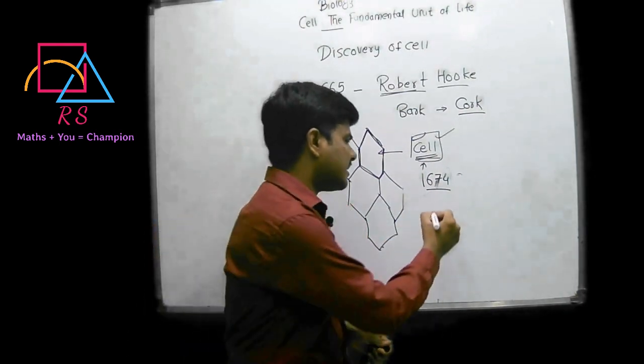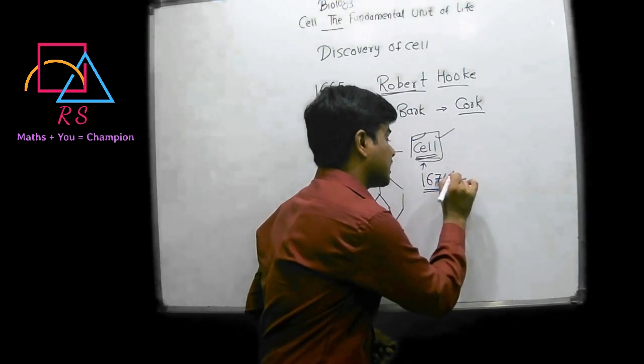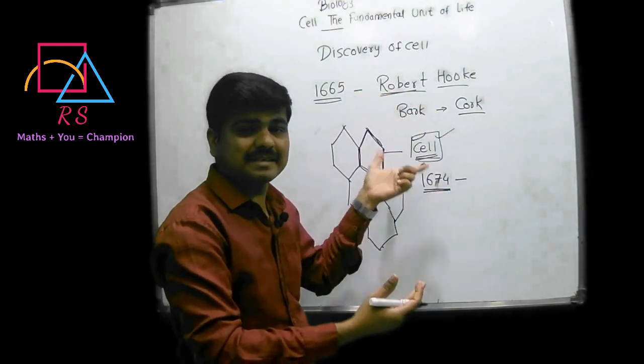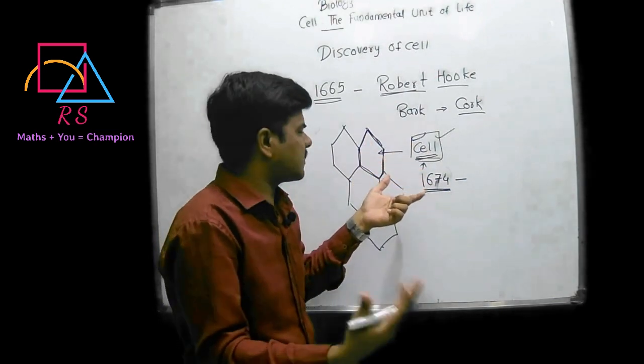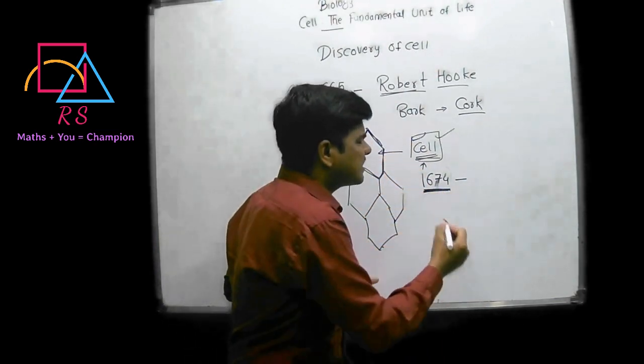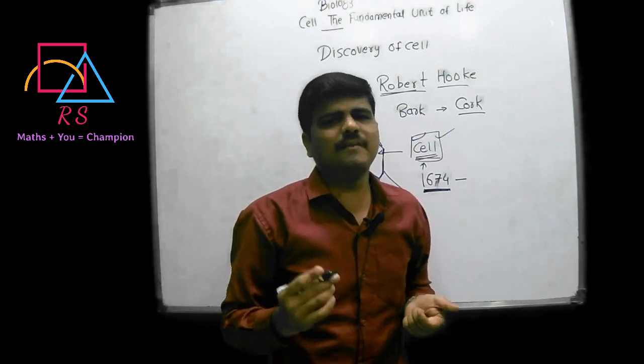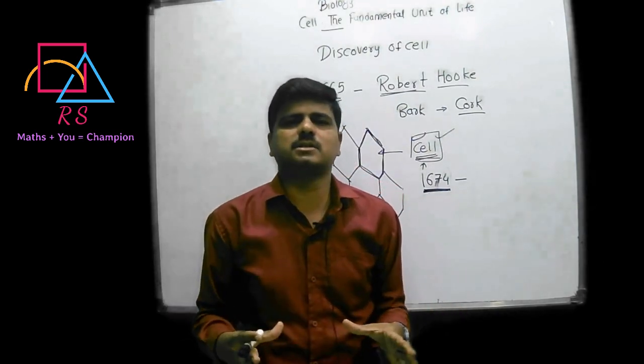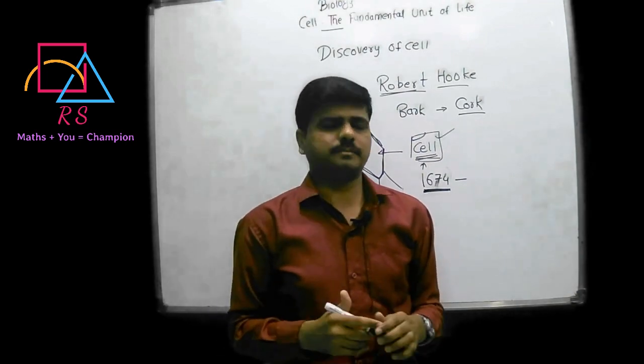But after the discovery of the cell in 1665, a few years later, in 1674, Antoine Leeuwenhoek came and observed some cells from pond water.